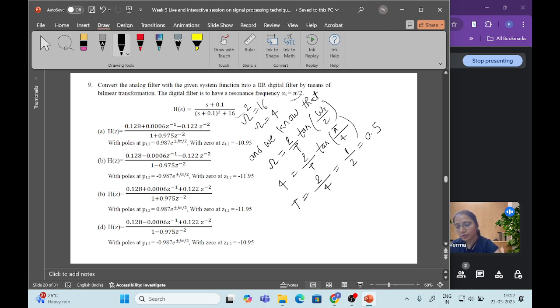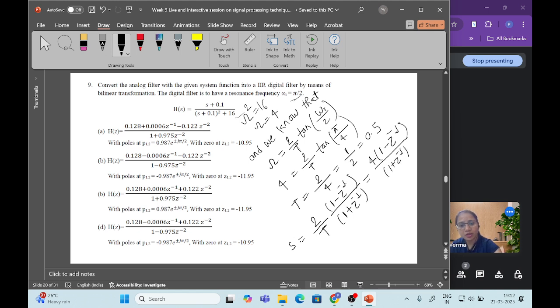Now further, for the s to z conversion, we know that it is 2 by T times (1 minus z inverse) divided by (1 plus z inverse).